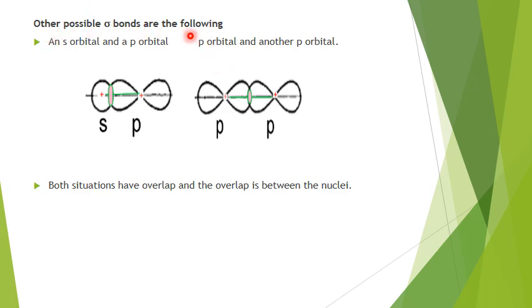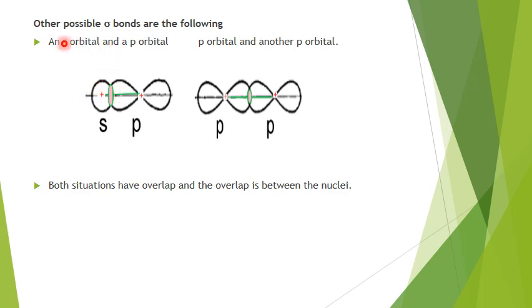There are other possible sigma bonds as well. You can have s with a p orbital. Here's an s. A p orbital looks kind of like a three-dimensional figure 8, but you can get an overlap between the lobes. Here's the overlap, and notice the overlap is between the two sets of protons.